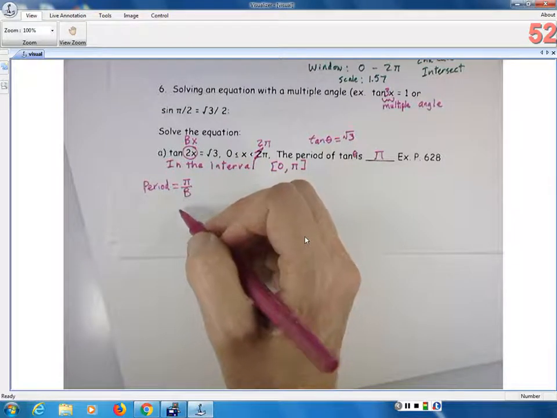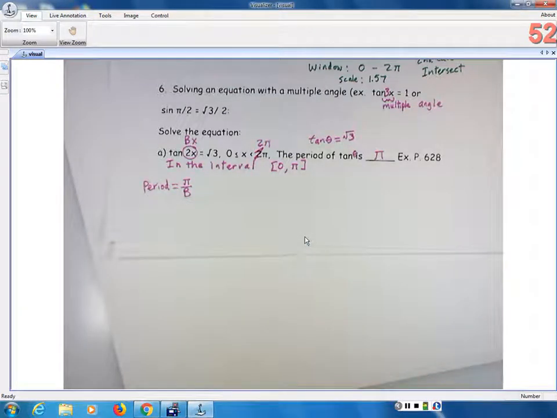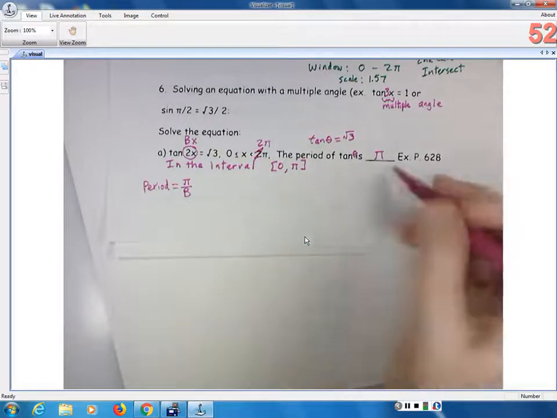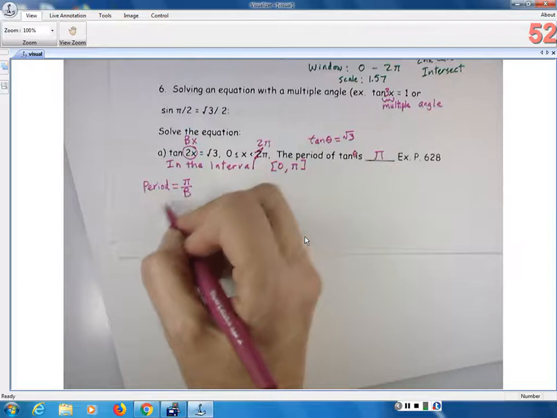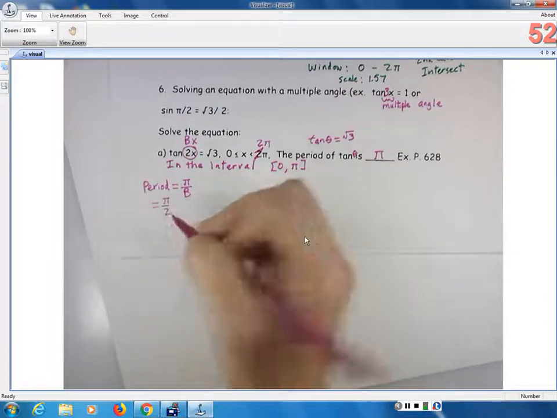But we're going to find all the answers between 0 and 2 pi. And so our period is going to be pi over 2. Just showing you that. Okay.